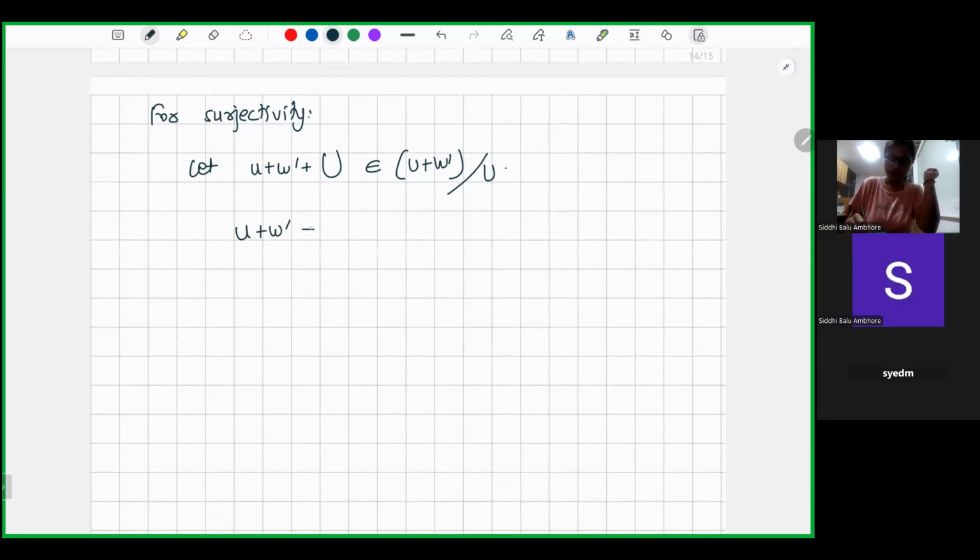U plus W dash plus this U is W dash plus U, because the subtraction will be U, which anyway belongs to U. Okay, but this is phi of W dash, right? By definition.